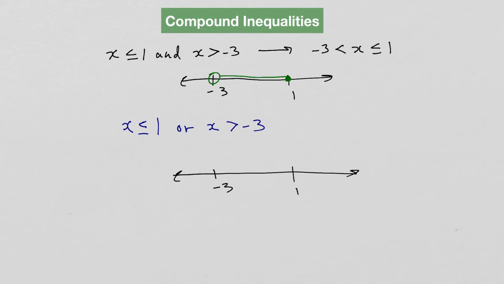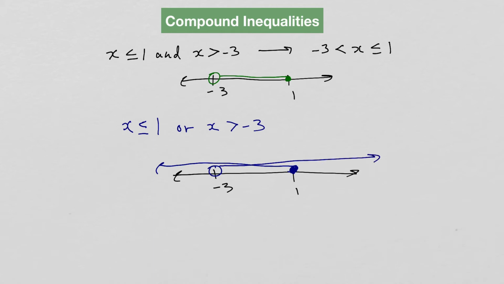Okay, so we're going to have a closed circle at 1, and x is going to be less than 1. So this goes all the way in this direction. We also have an open circle at -3, and x is greater than -3, so it goes in this direction.